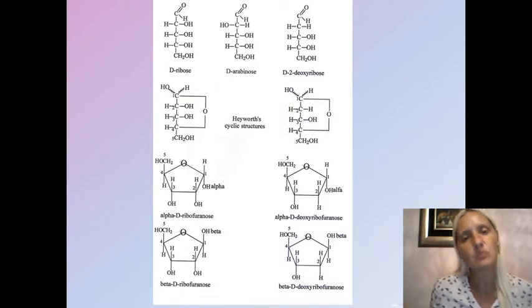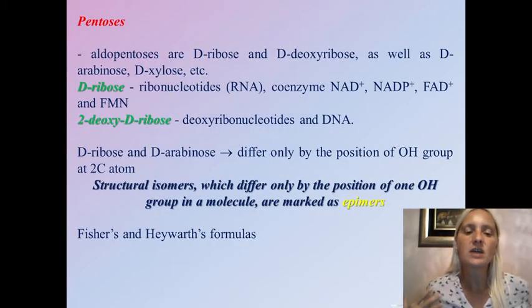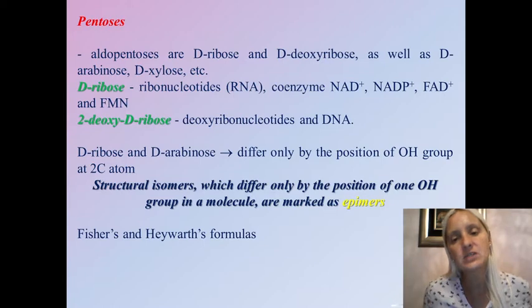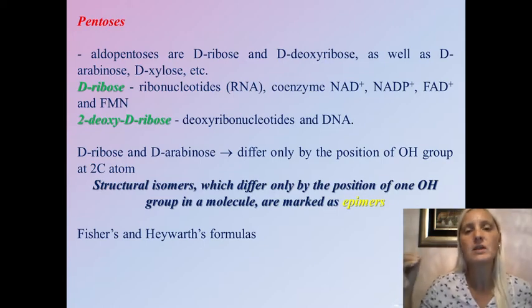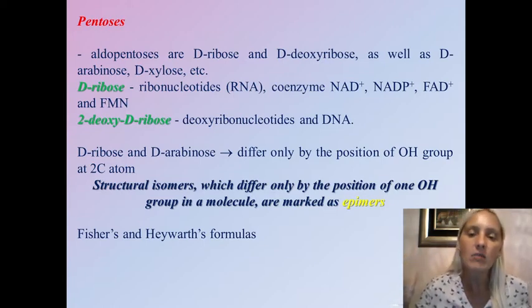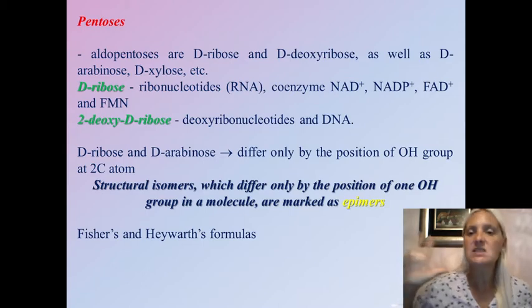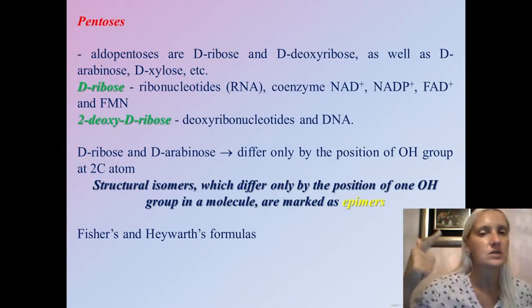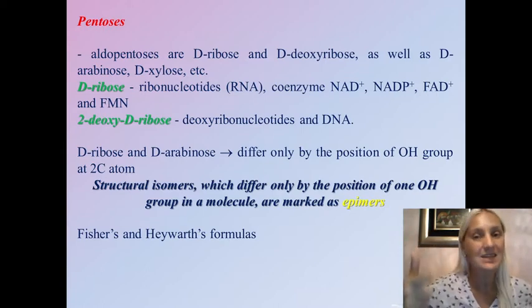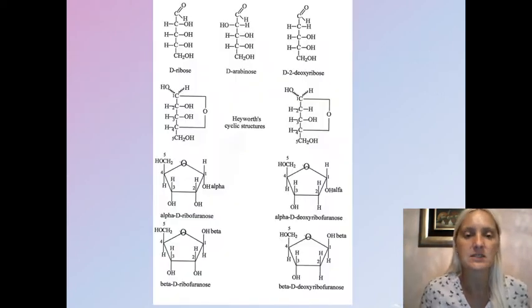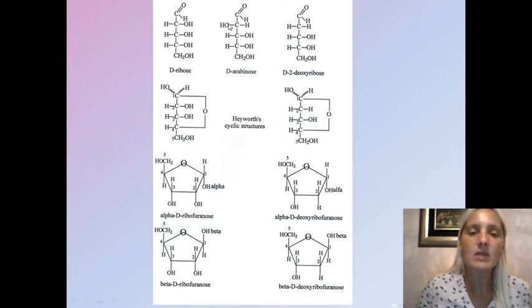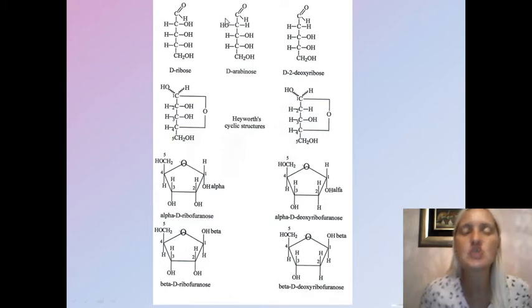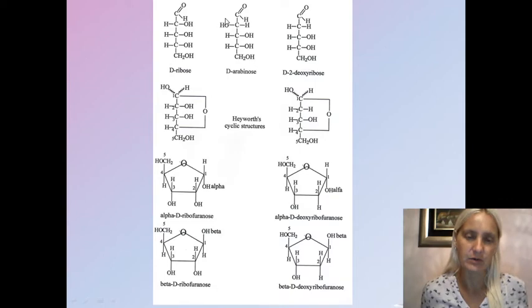When you have two molecules which differ only by the position of one OH group, they are marked as epimers. So this is the third isomerism that we are mentioning in carbs: it was structural isomerism, optical isomerism with enantiomers, D and L forms, and now we have epimers. So arabinose is considered the 2-epimer of ribose.